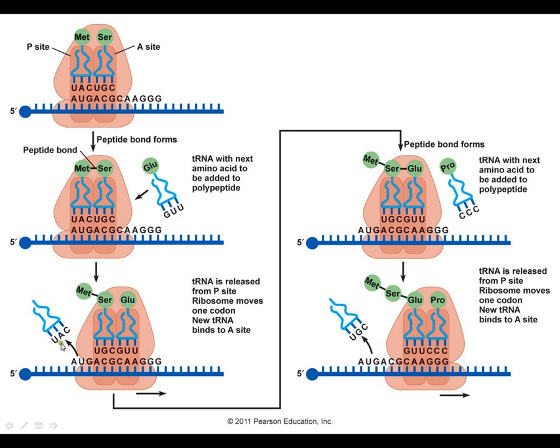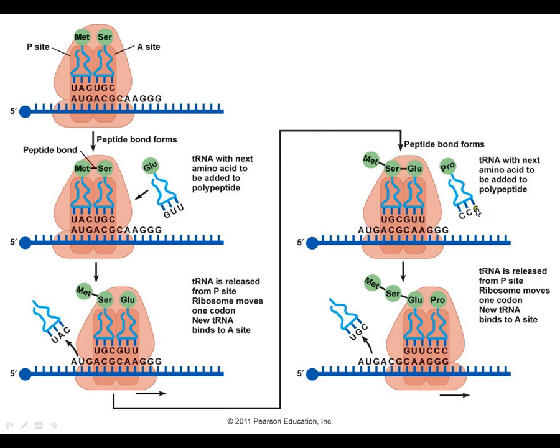The tRNA molecule that has just lost its amino acid is released. It will move back into the cytoplasm and attract another amino acid to be used in a ribosome in the future. Moving over here.